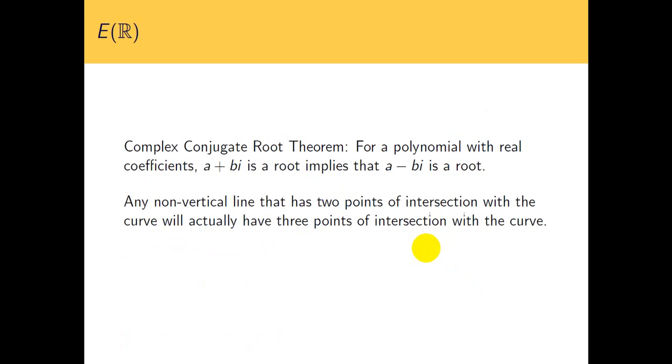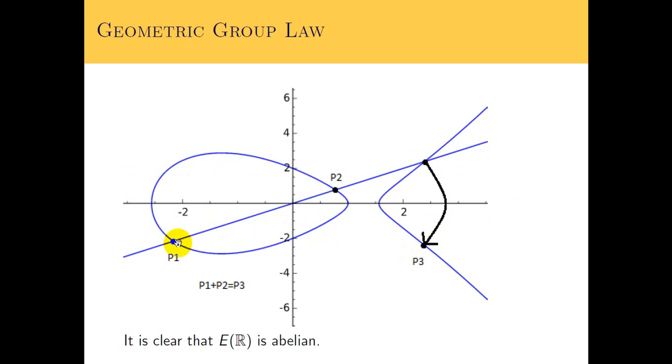If we add two points, we always need a third point of intersection if we're going to have this defined binary operation. So we define that third point of intersection, reflected over the x-axis, to be the sum of the two points.